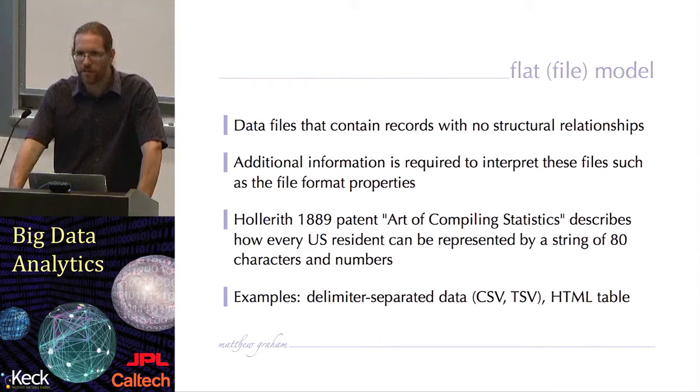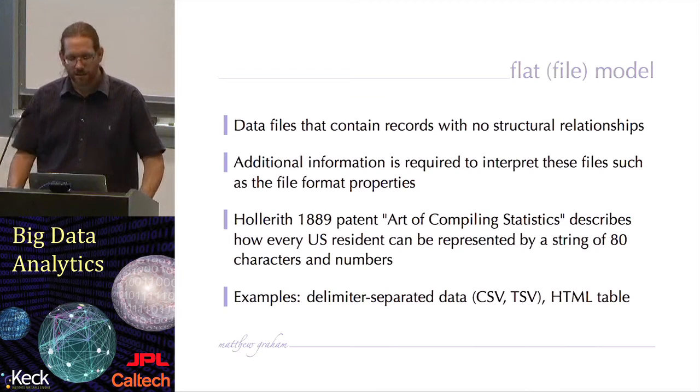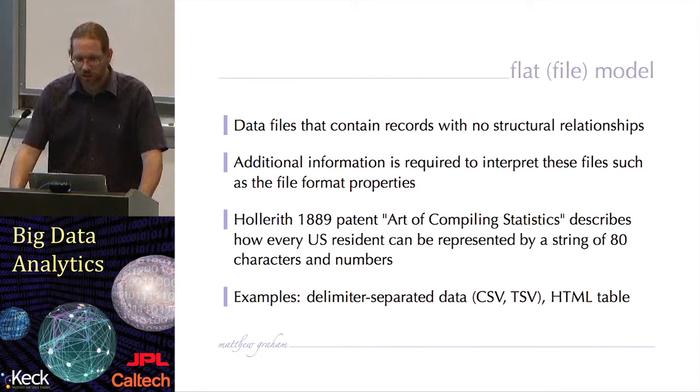The first example, or one of the most famous examples in history about this, is the Hollerith 1889 patent for compiling statistics. This was for census information, and it describes how every US resident can be represented by a string of 80 characters and numbers.